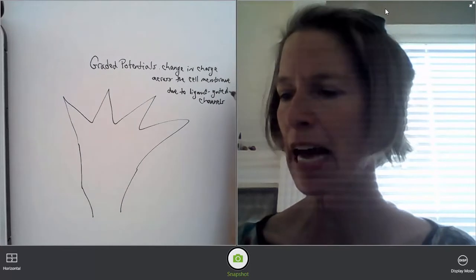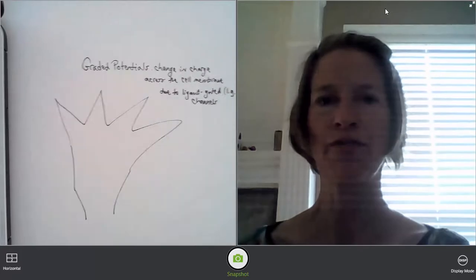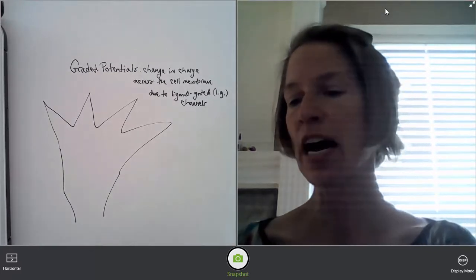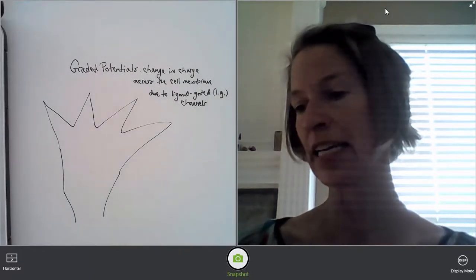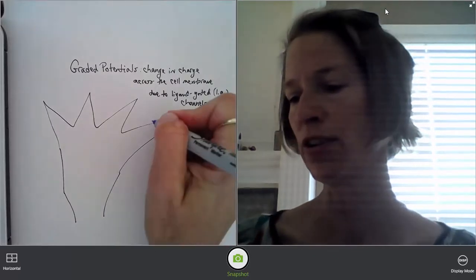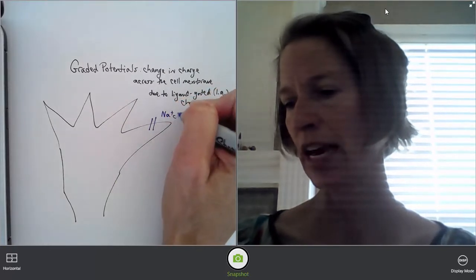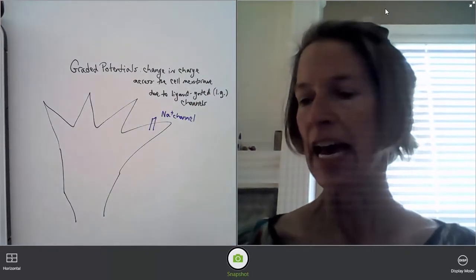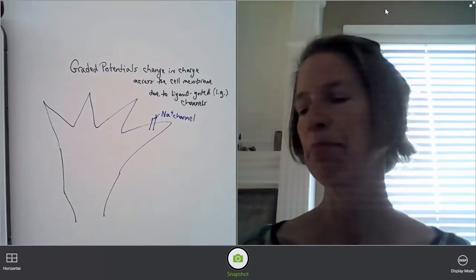And sometimes I abbreviate that LG for ligand-gated channels. The dendrites and the cell body, to some extent, have ligand-gated channels. This means that you have a channel, for example, a sodium channel that is normally closed, and it will be opened when the proper ligand binds to it.